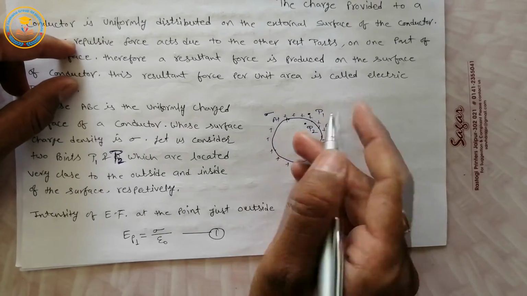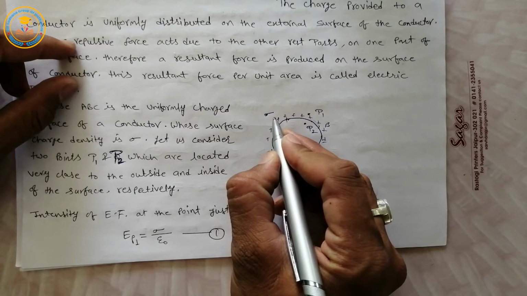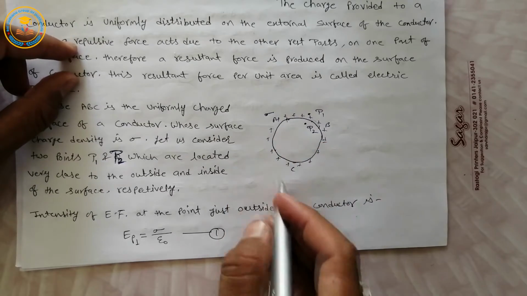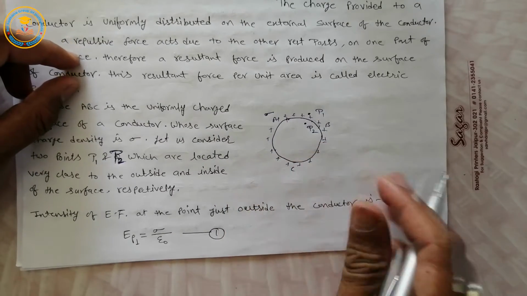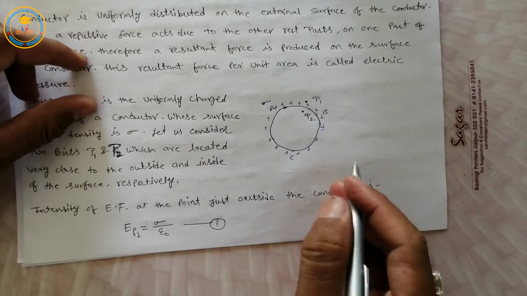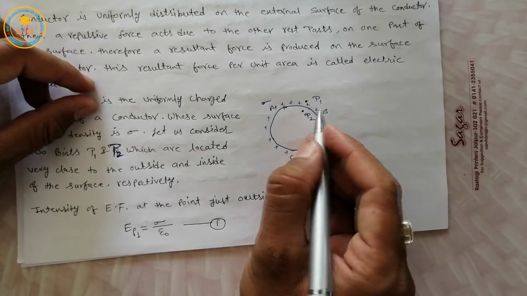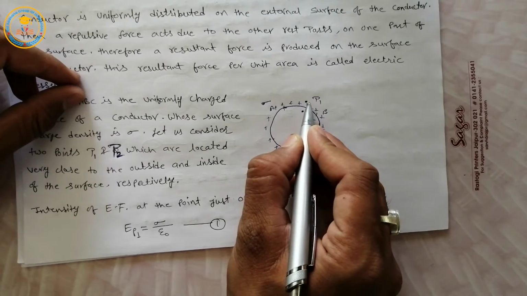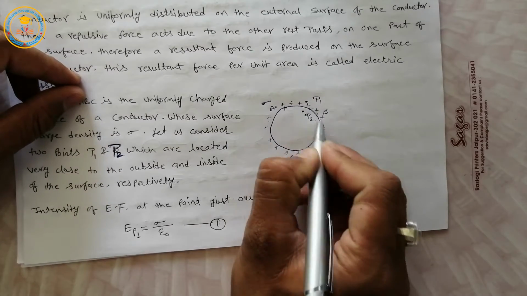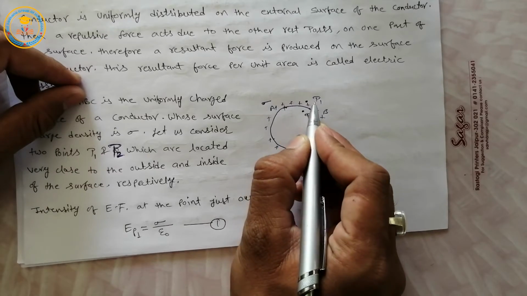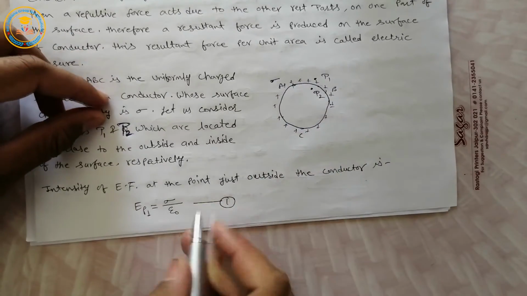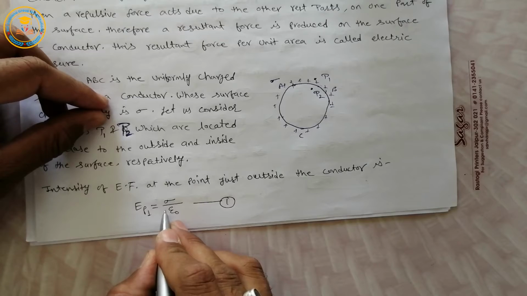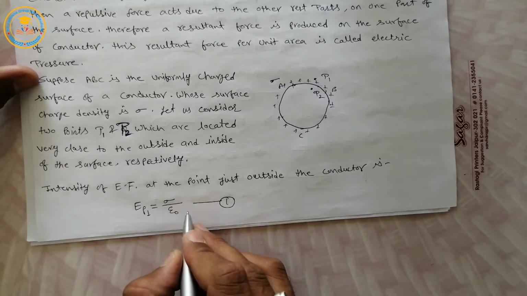Here sigma is the surface charge density and epsilon naught is the permittivity of vacuum. So the electric field intensity at point P1, located outside of the sphere, denoted by E_P1, is equal to sigma upon epsilon naught.